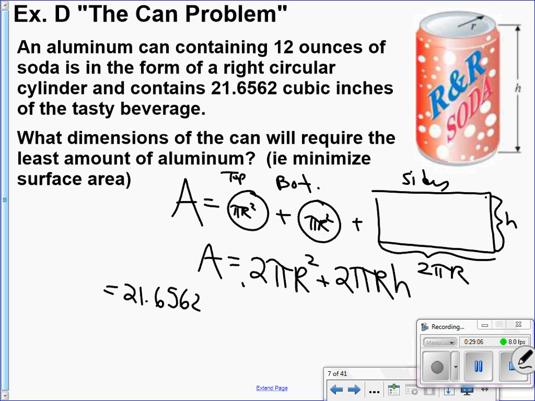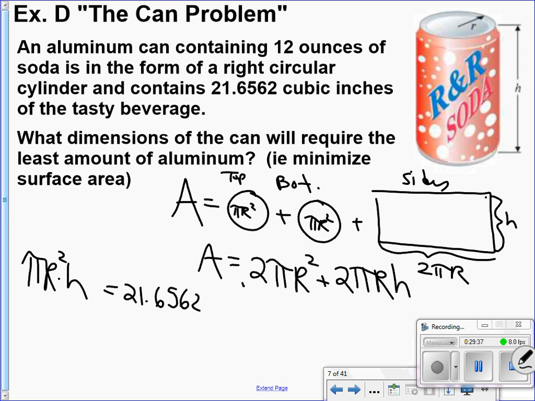The volume of a right circular cylinder is just made up by multiplying the area of the base, a circle, times the height. What do you think the volume is going to be? The formula for the volume of a cylinder. Just take the area of a circle times the height. So it's pi r squared times h.